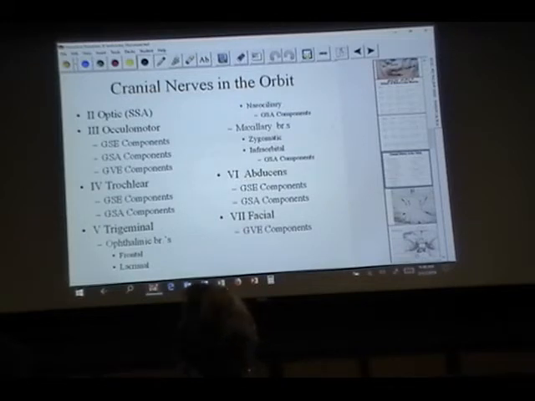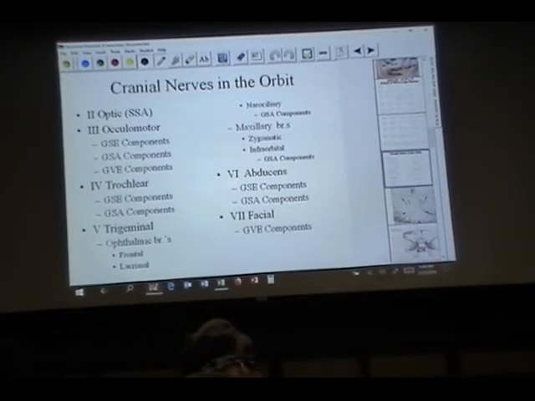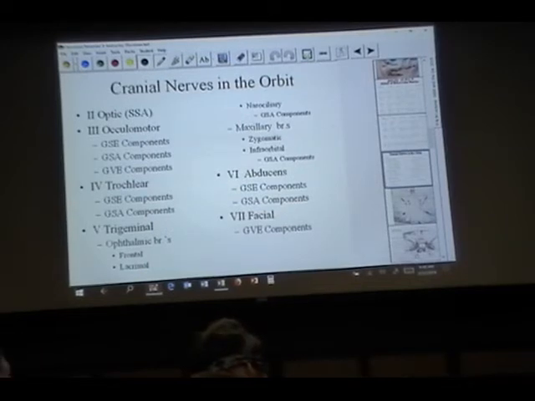But what is the facial nerve innervating? The lacrimal gland. Be bold, speak, show us what you know. So that gets there in an interesting way.